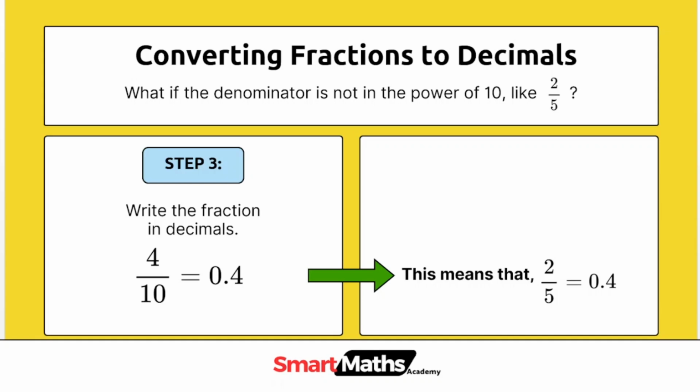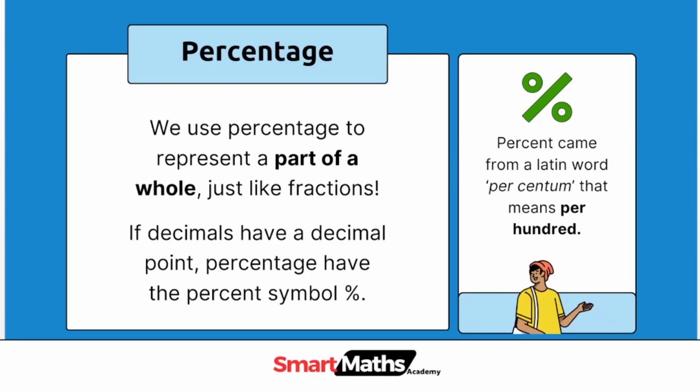All right. So we're going to move to the last part, which is our objective, which is converting decimals to percentages. So we look at what percentage is. We use percentage to represent a part of a whole, just like we use fractions.